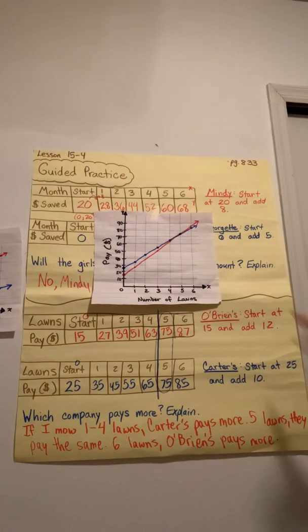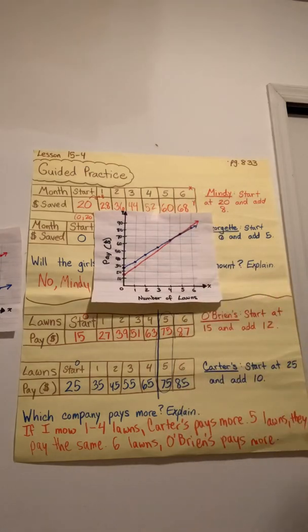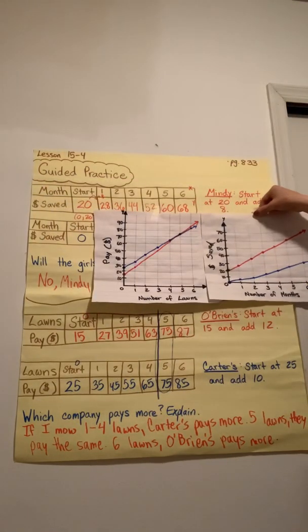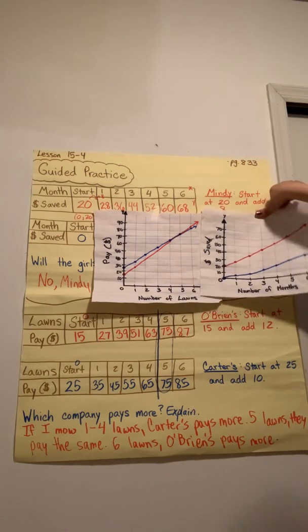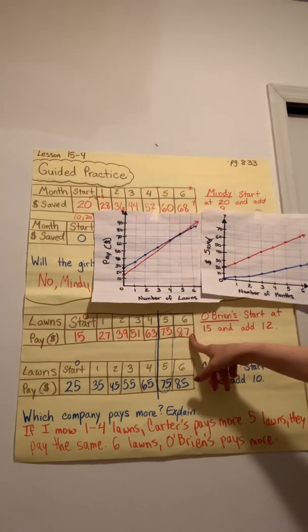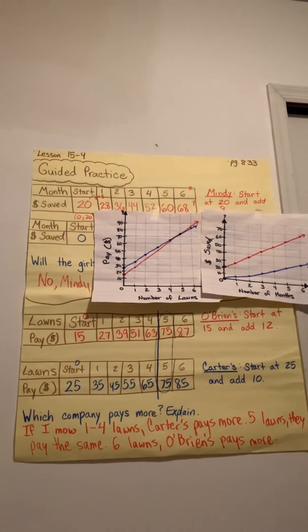It seems like it will, because this is going to keep going that way, and this one's going to keep going that way, and now it's going to look more like our first grid afterwards, where it's just going to keep getting further and further apart, because every time I mow a lawn from here on out, I'm getting 12 with O'Brien and 10 with Carter.